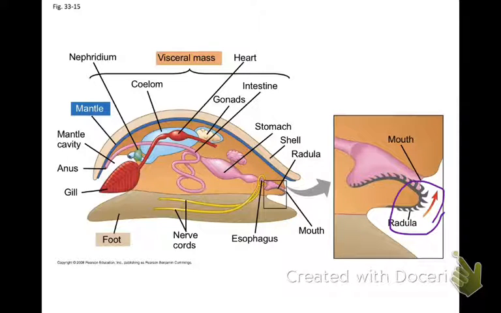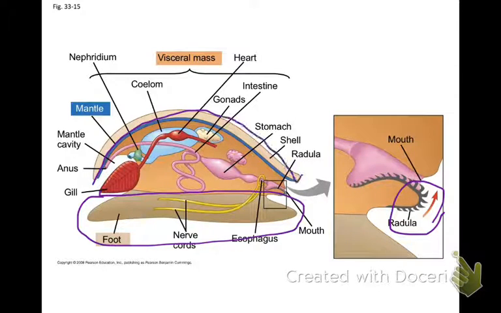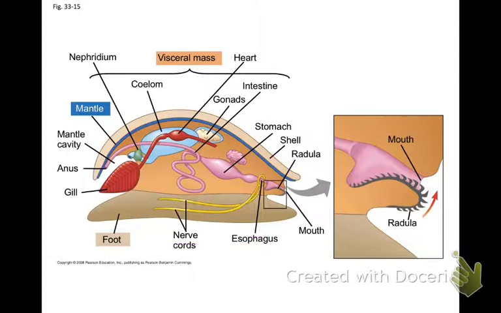So you can see in this generic model of a mollusk, you have a muscular foot that is used for locomotion or attachment to the substrate, and then you have a mantle cavity that is covered by this mantle, and then inside the mantle you have the visceral mass with the various organs, including a circulatory system, the intestines, and gonads.